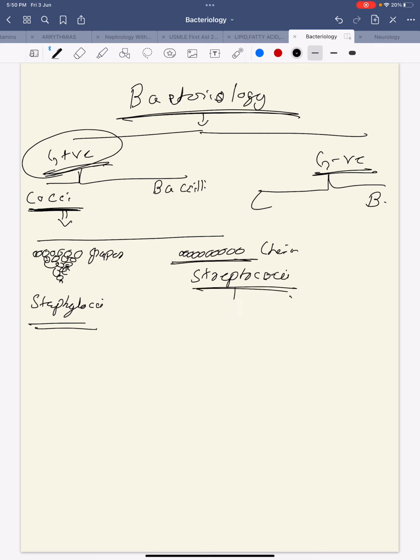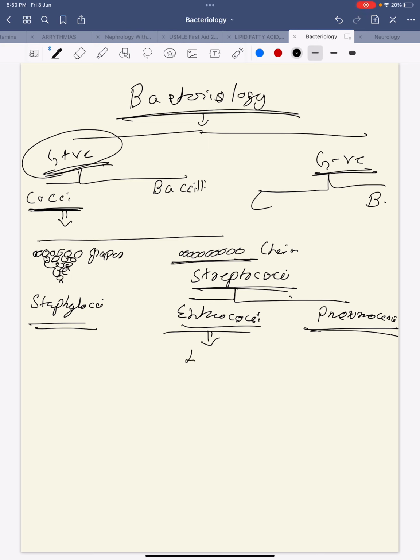Then streptococci are further divided into enterococci and pneumococci. How to remember this? Pneumococci are lanceolate, flame shape.